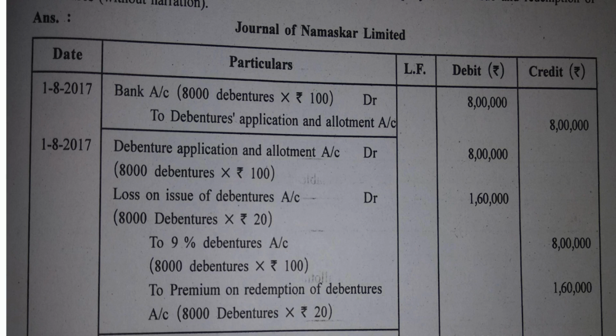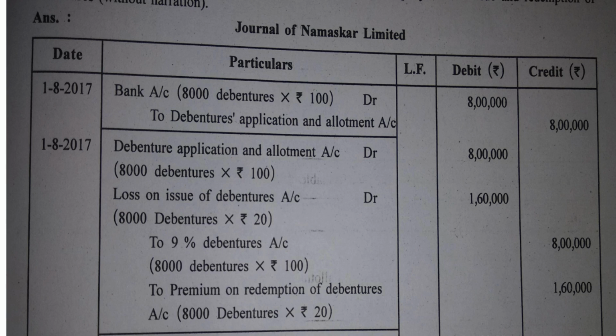Now the second journal entry. In the second journal entry, you are going to show the loss on issue of debentures because these are debentures which have been issued at par and are redeemable at premium. So first of all, you will transfer the amount of debenture application and allotment account to debenture account, and you will also debit the loss on issue of debentures.